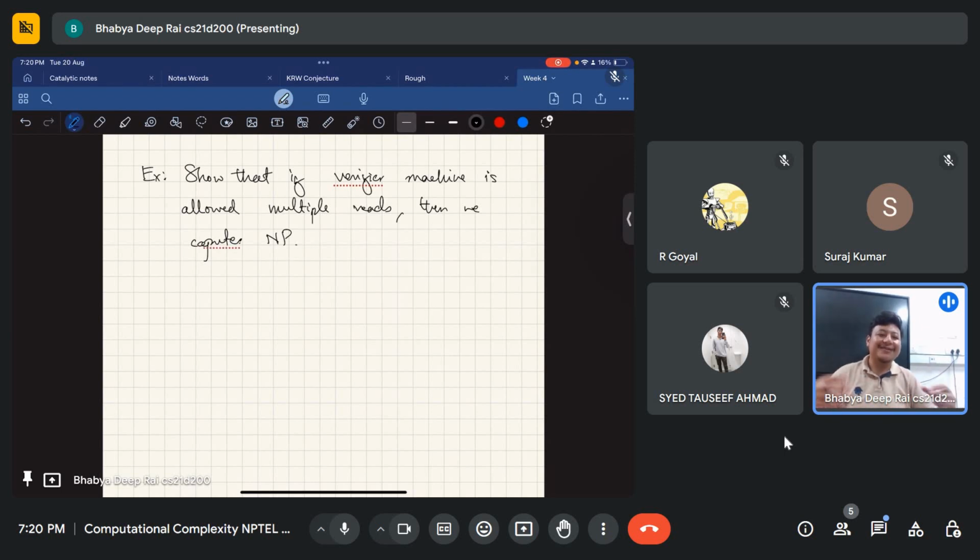If you allow multiple reads, it is as powerful as NP. Okay, so this is the formal reason for it.